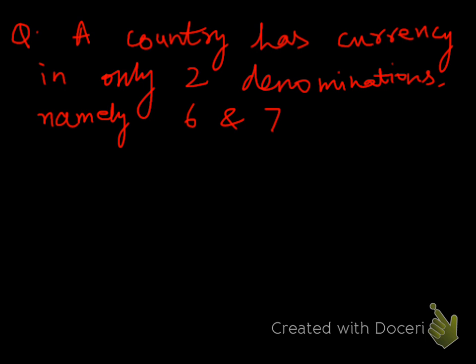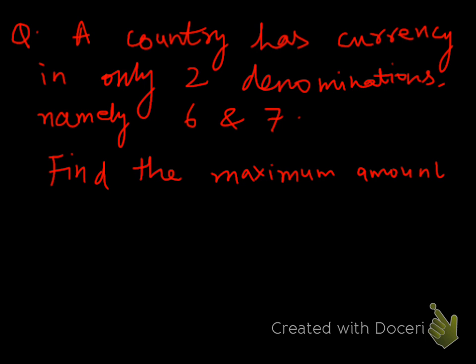What it means is you have currency notes of only two values. One is, let's say, rupees 6, and the other, let's say, rupees 7. So the question here is: find the maximum amount you cannot pay using these denominations.